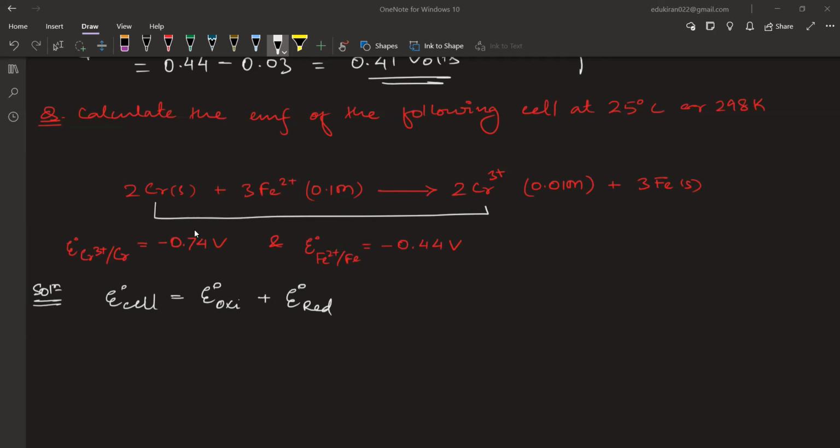Tell me. Oxidized. Okay, Sara and Wafia, what do you think? Oxidized or reduced? Oxidation.